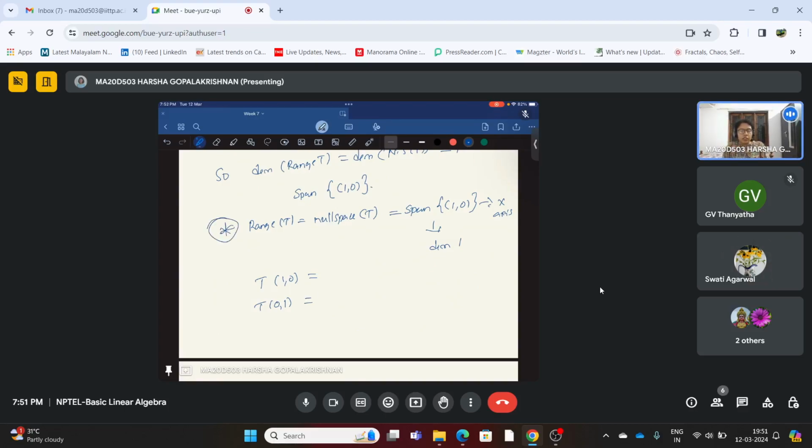Does (1,0) belong to the null space of T? I am saying T of (1,0) is (0,0). Can you say the reason?